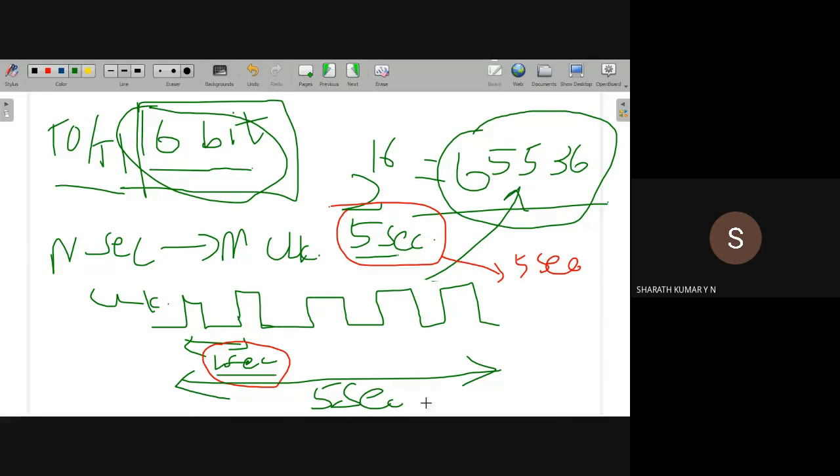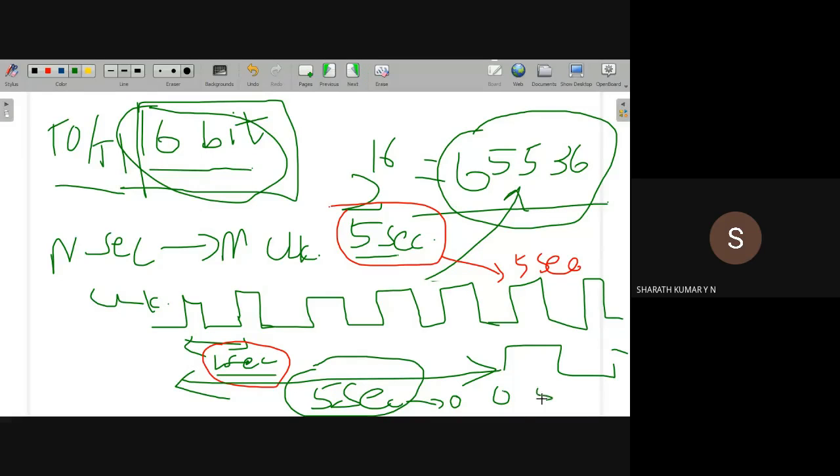I need to continue this operation, so there is a continuous application of clock pulses. After the 5-second delay is generated, the counter should be reset to 0, because next time I have to start counting the clock pulses from 0 again. When 5 clock pulses are counted, another 5-second delay is generated.